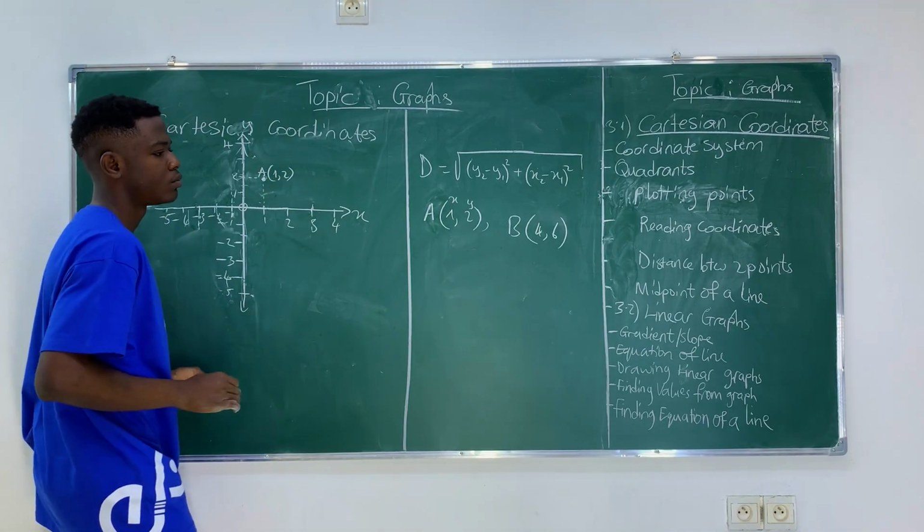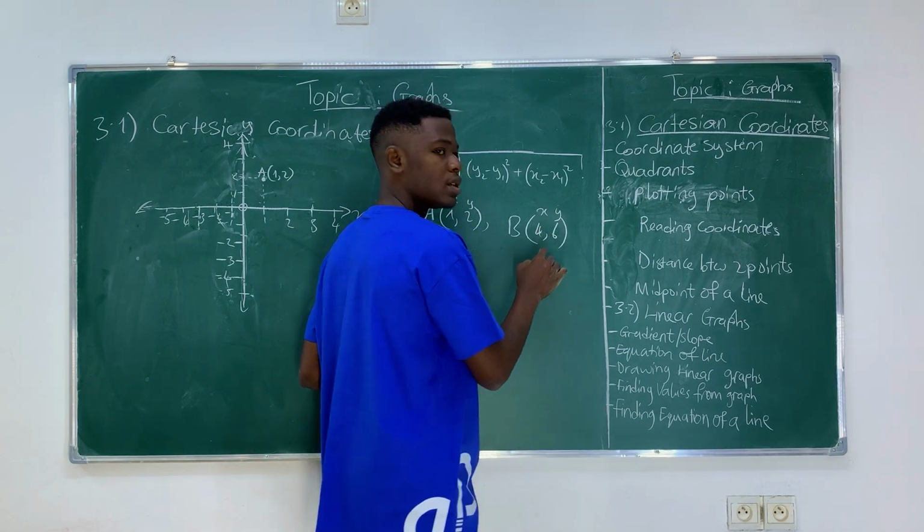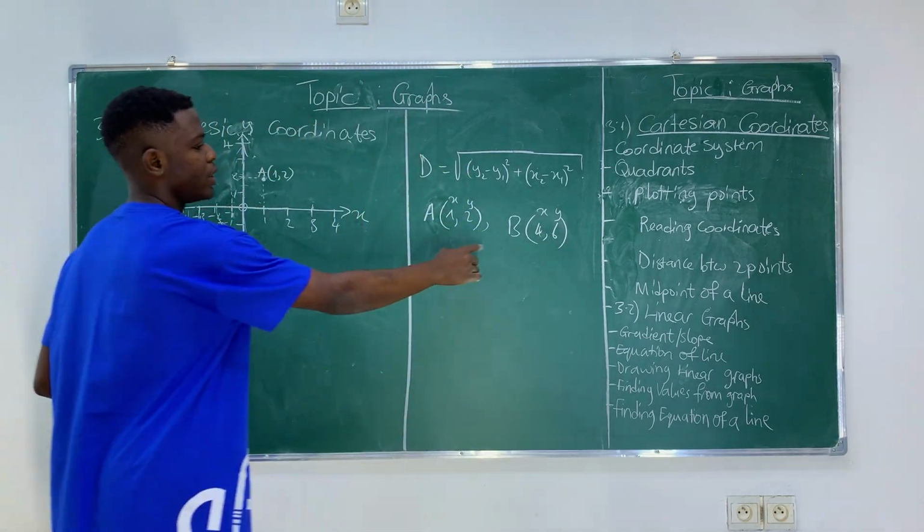A is 1, 2. Then B, x is 4 and y is 6. So you write here 4.